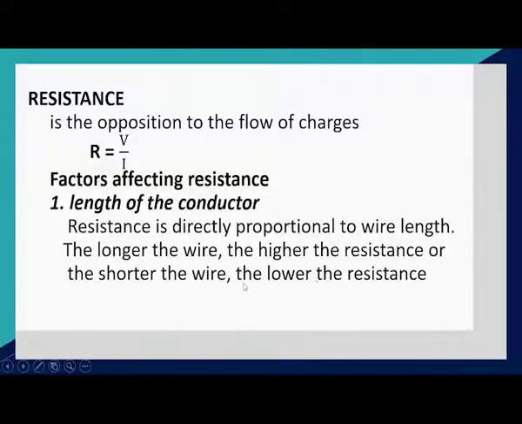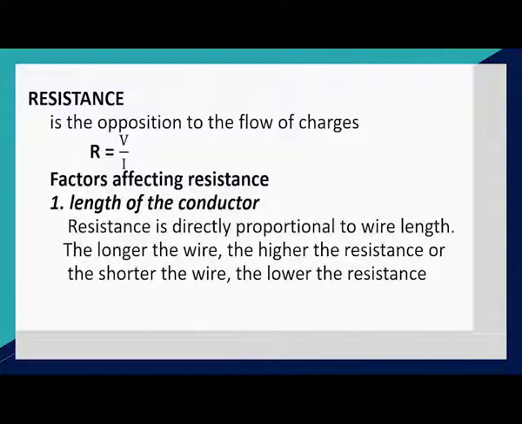If you make the wire where current is flowing longer, the resistance will also increase. If you decrease the length of the wire, making it shorter, then resistance will also decrease.